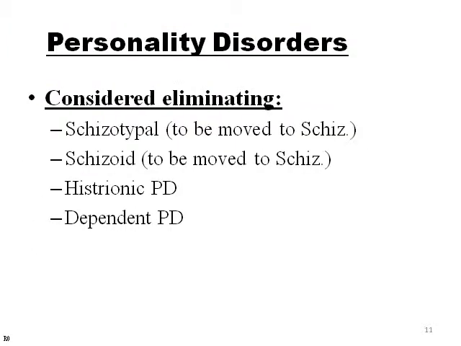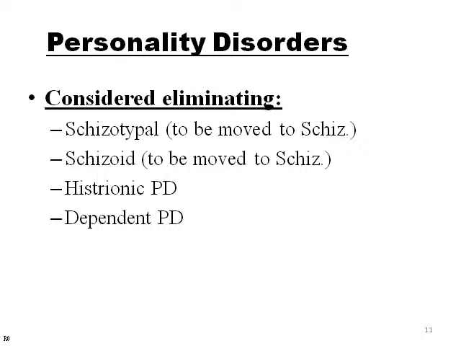So, after considering all of these changes and having told the task force to be as radical as they need to be to make some profound changes in diagnosis of the personality disorders, they did not make the kind of profound changes that many were expecting and that were published on their website for quite some time. Then it came down to considering eliminating 4 different personality disorders.